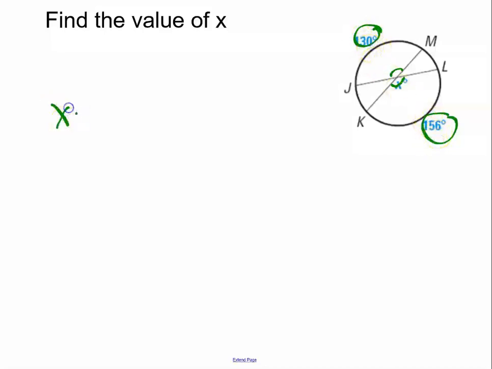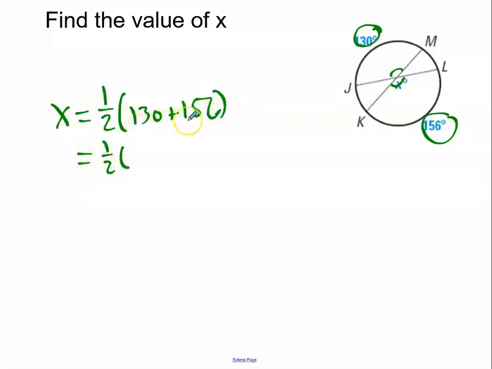So x is going to equal half of 130 plus 156. And so 130 plus 156 is 286. And half of 286 is 143.